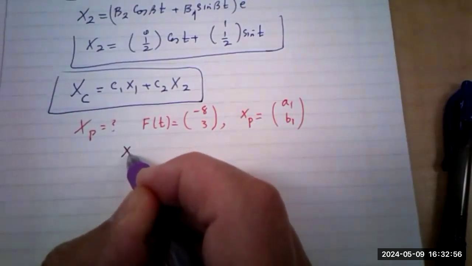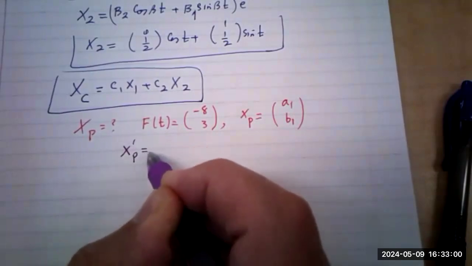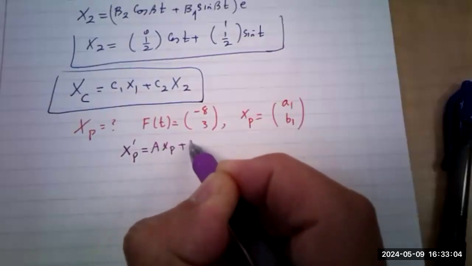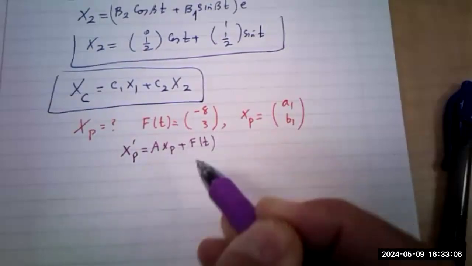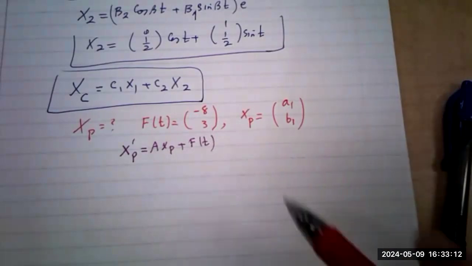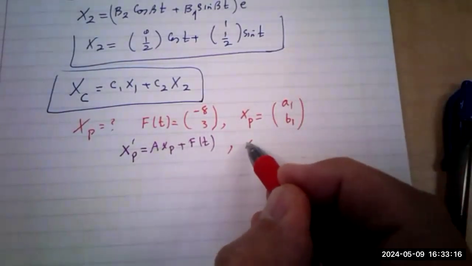Now, you know that this should satisfy the condition in the theorem. So if you substitute in the equation, x prime of p is equal to A times x of p plus f of t. This is where you put it to get your a1 and a2. For x prime of p, you just differentiate the components.